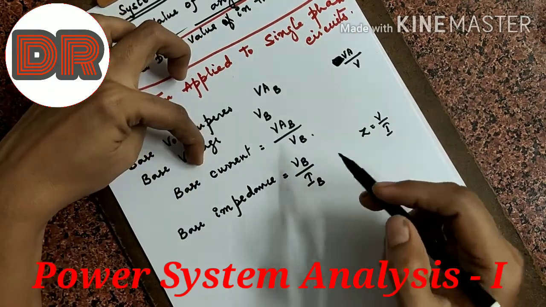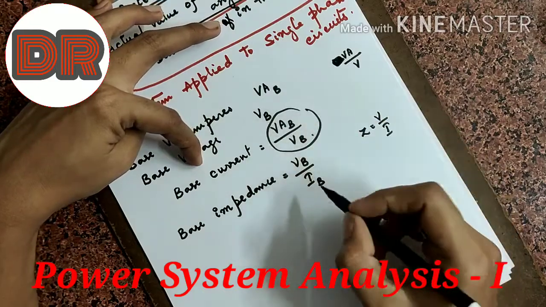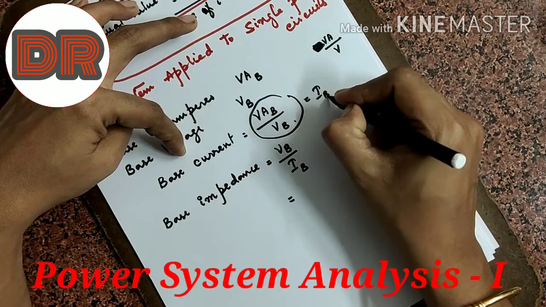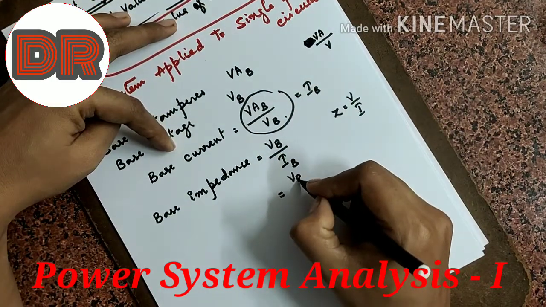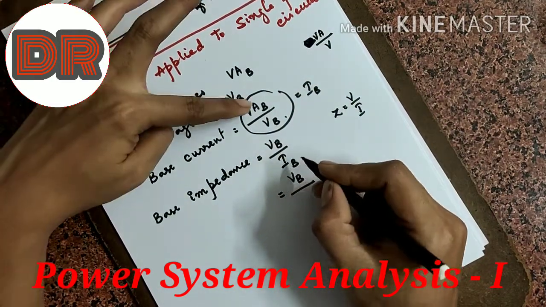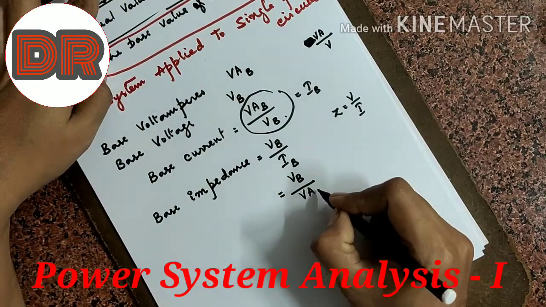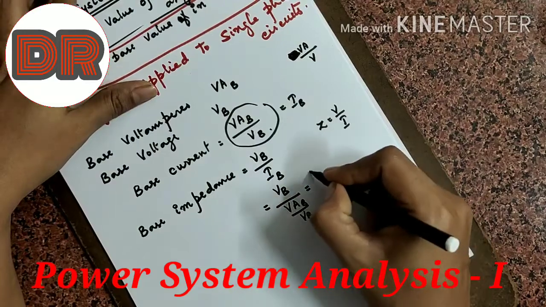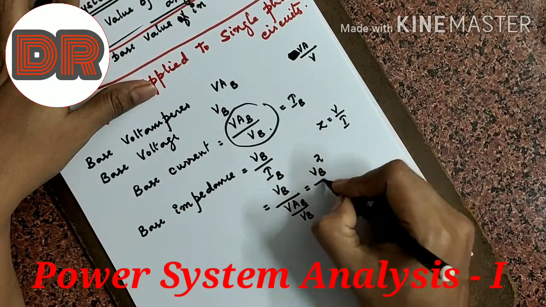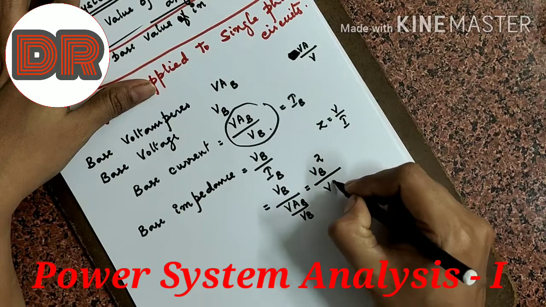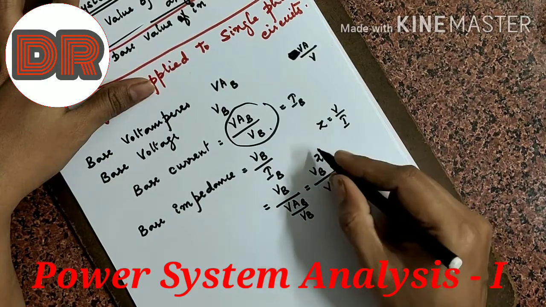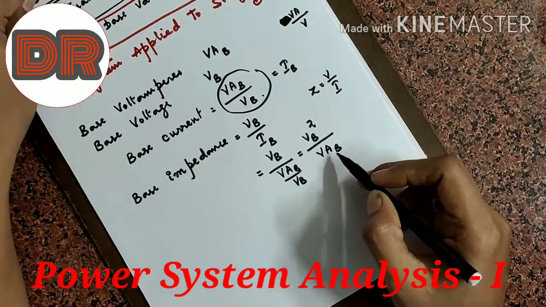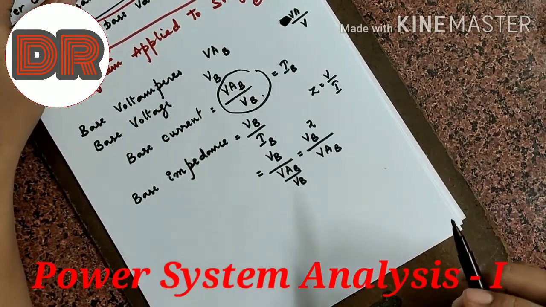And base current we have represented using this, so let me substitute that for IB, the base current. So VB divided by IB. What is IB? IB is VA base divided by VB. I'll simplify this, and we get VB square, that is V base square divided by VA base. So voltage base square divided by apparent power base gives you the base impedance.